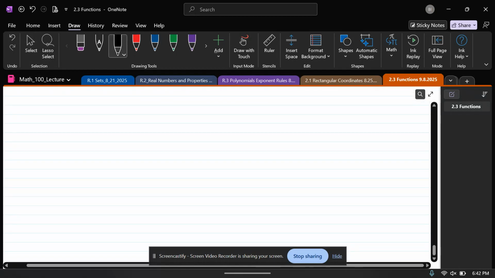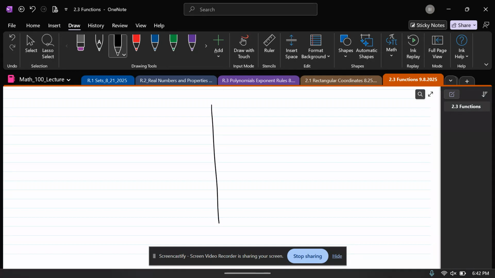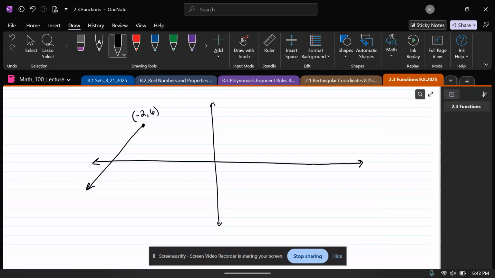All right. Let's draw us a little graph here. We're going to come back and do a domain and range problem or two at the end of the night. But I'm going to draw a coordinate plane. I'm drawing it real wide and not very tall. I'm going to put a dot right there, and I'm going to put in parentheses the ordered pair -2, 6. And then I'm going to draw a line that points down and to the left from that.